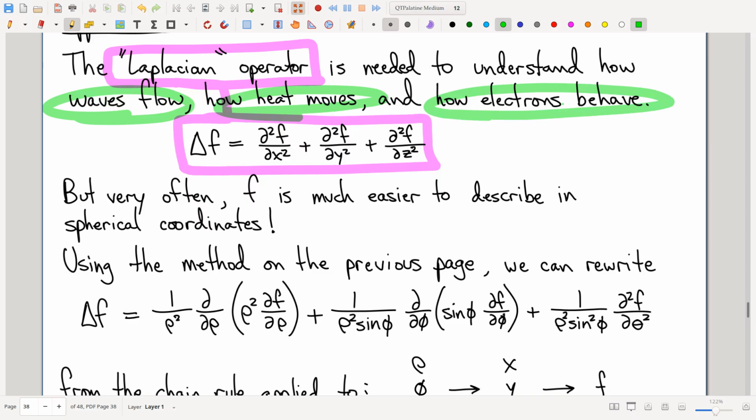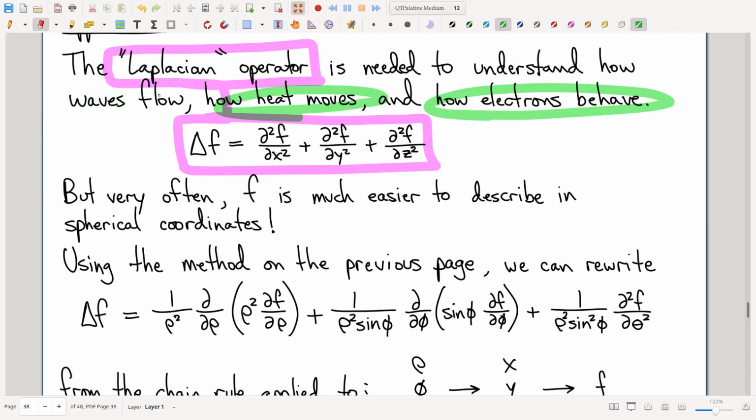Kind of a big deal, all three of these. So a lot of the tremendous applications in physics all rely critically on this critter right here called the Laplacian operator. It's going to be a big deal in y'all's futures as well. Okay, so that's the formula for it.